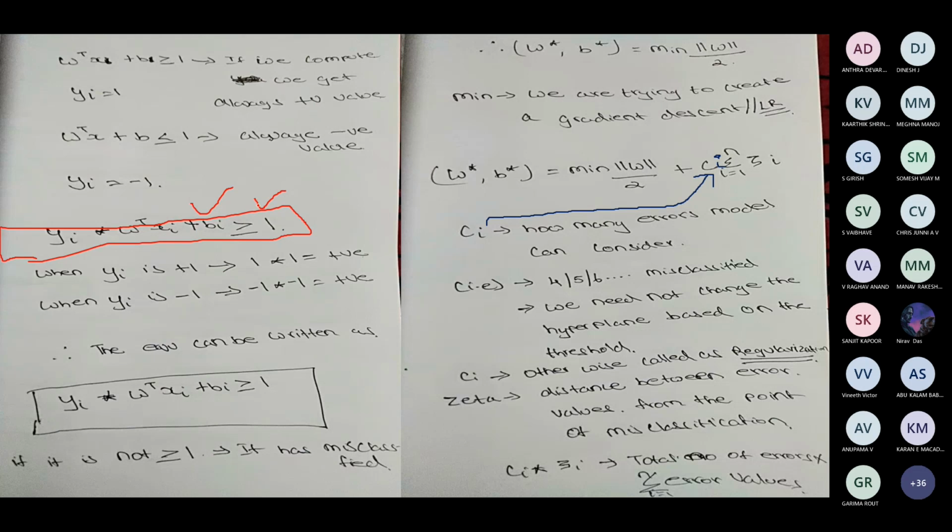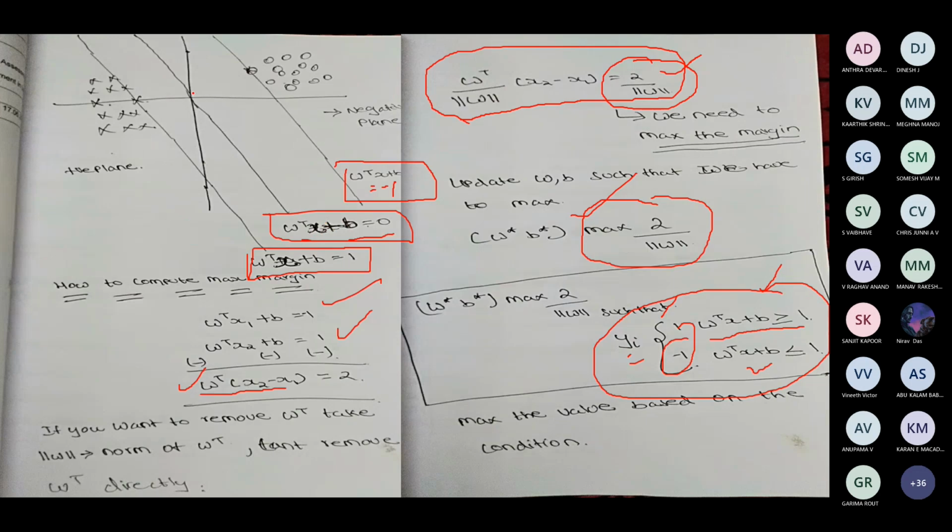But if it is less than 1, it means that I have misclassified. You are supposed to get this value above or below this line, but if I get less than 1, it means I have a misclassification. The points are falling over here.